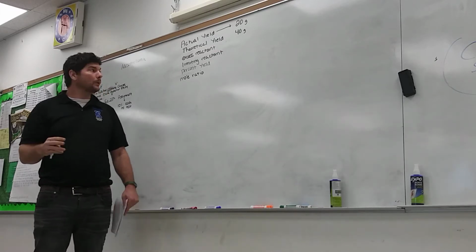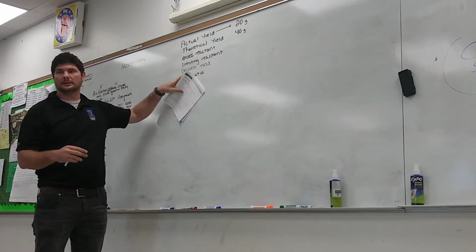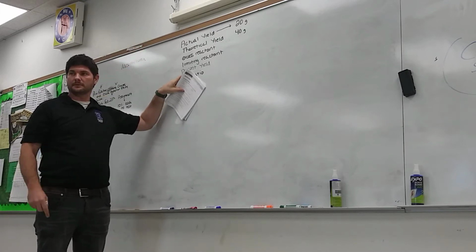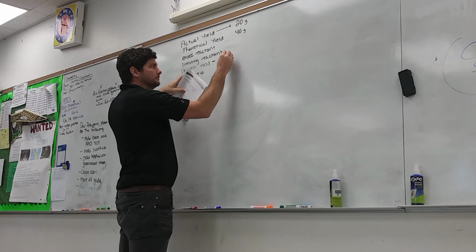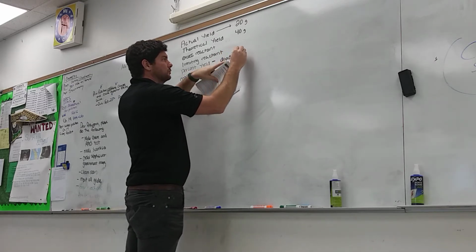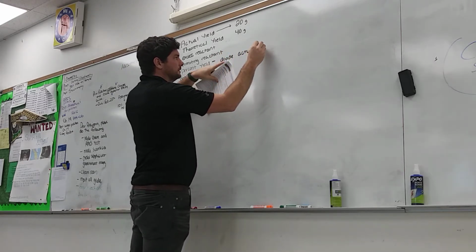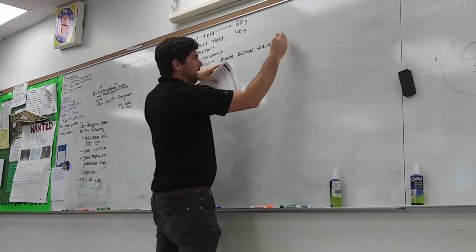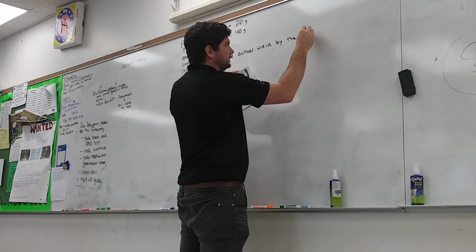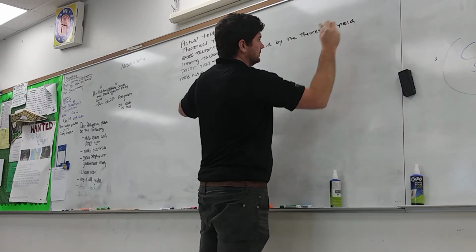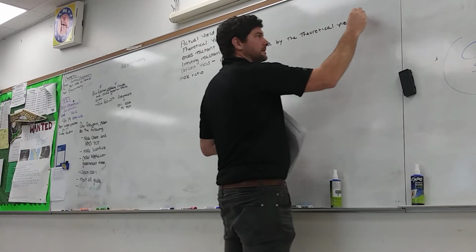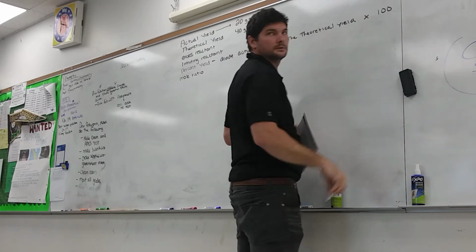Now how would I then get percent yield from those two numbers? Divide them. You would divide the actual yield by the theoretical yield, and then you would times it by 100.